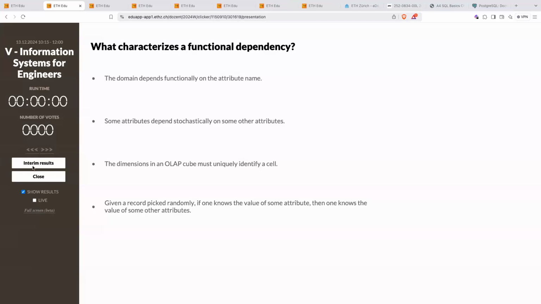Then what characterizes a functional dependency? The domain depends functionally on the attribute name. Some attributes depend stochastically on some other attributes. The dimensions in an OLAP cube must uniquely identify a cell. Given a record picked randomly, if one knows the value of some attribute, then one knows the value of some other attributes.